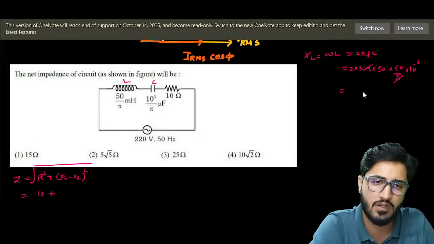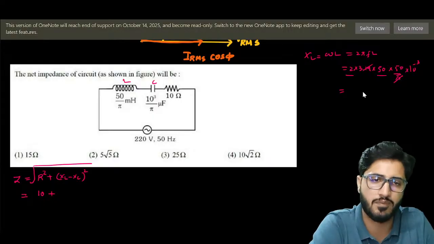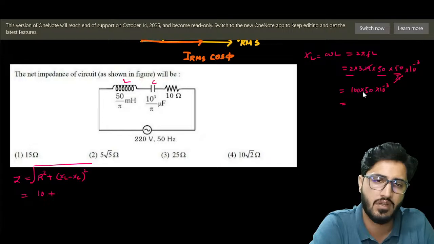Pi cancels out. 2 into 50 is 100, 100 into 50 into 10 to power minus 3 is 5000, so it is 5, since 10 to power 3 minus 3 cancels out.